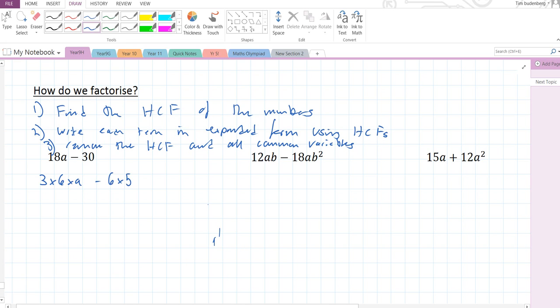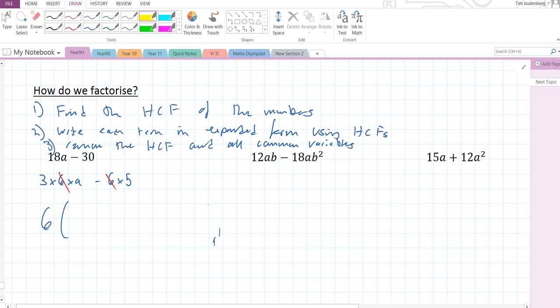Essentially what I've done is I've written each number out in an expanded form using the highest common factors. Then we remove the highest common factor and write it outside the brackets.